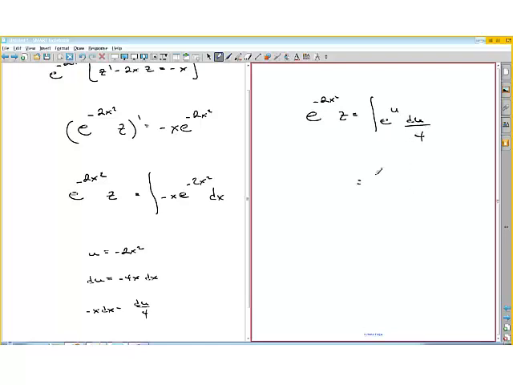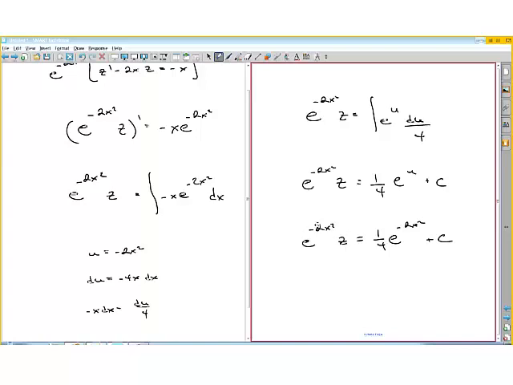Factor out the 4, so I'll have 1/4. The integral of e to the u is e to the u, and I'll add my arbitrary constant. And then what I would do is I substitute u back in, which was negative 2x squared. So I get e to the minus 2x squared z is equal to 1/4 e to the minus 2x squared plus c.